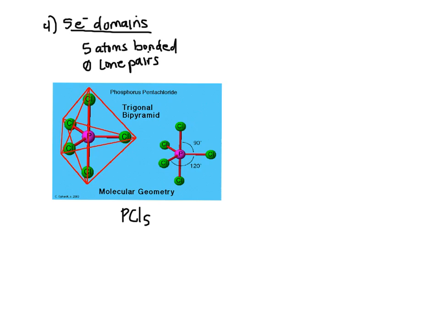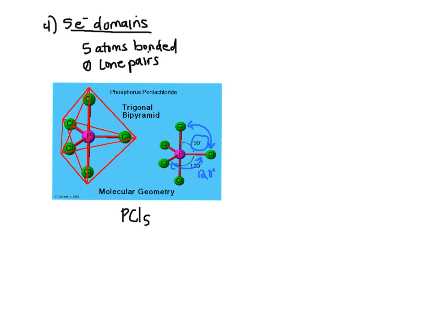So remember, this is a 3-dimensional object, and it's going to have 2 bond angles. The bond angle between this and this is 90 degrees, and then of course the bond angle that you would find between this chlorine or this atom and this atom is 120 degrees, just like it said on the picture, just a little hard to visualize.